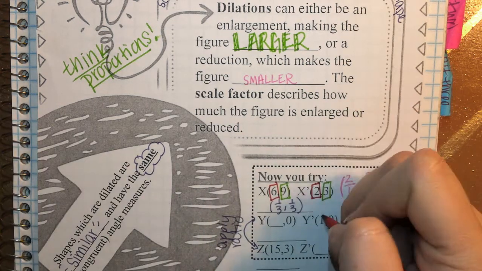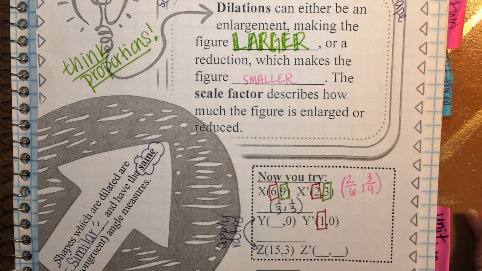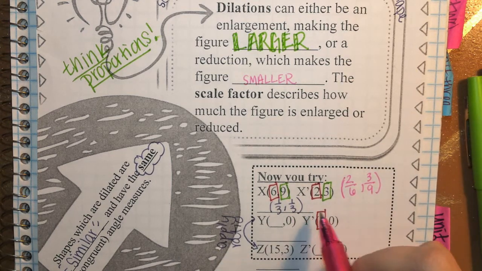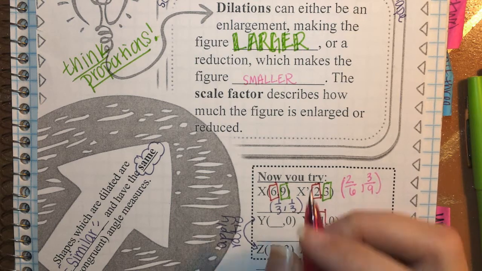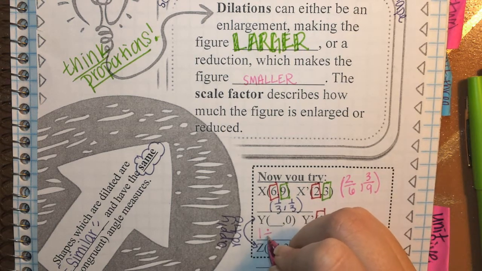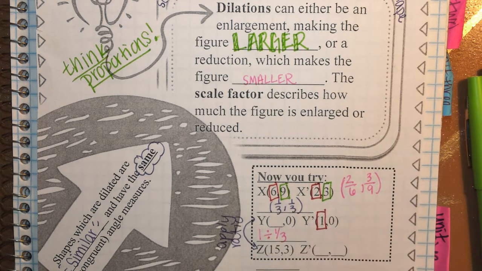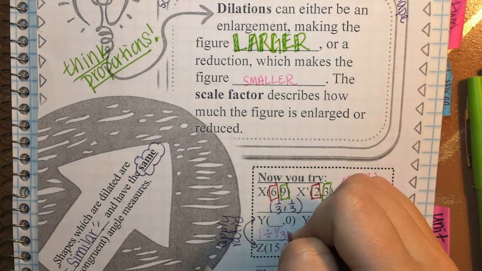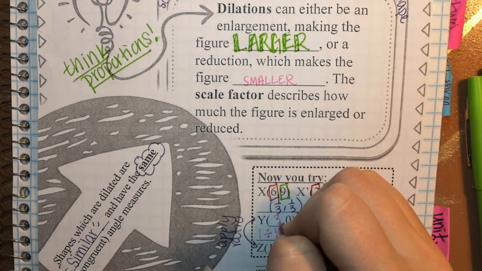I'm going to do that in red. You're going to take this coordinate, which is 1, and divide it by what our ratio was right here. So you're going to do 1 divided by 1/3. And what is 1 divided by 1/3? 3.